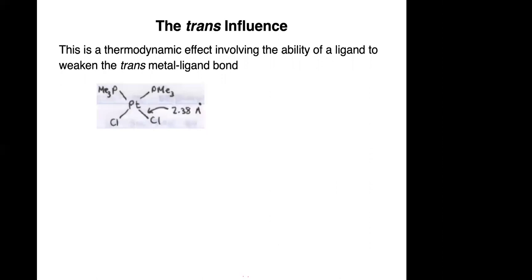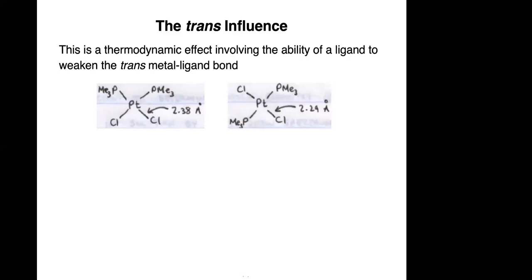So here's an example. If we think about this cis platinum(II) complex, we can see the platinum-chloride distance from the crystal structure is 2.38 angstroms. If we compare that with the trans isomer, that bond distance is much shorter, almost 0.1 angstroms shorter, suggesting that we have a weaker bond for the chloride that's opposite the phosphine.